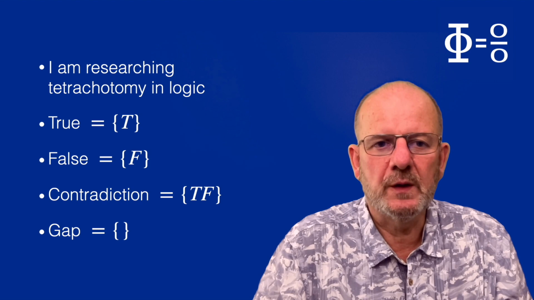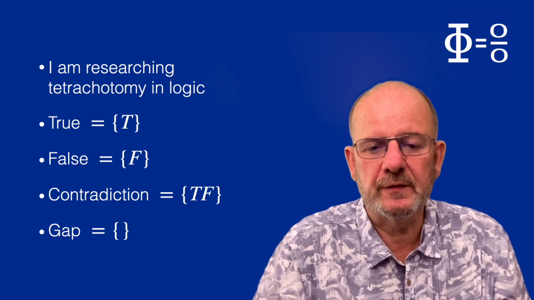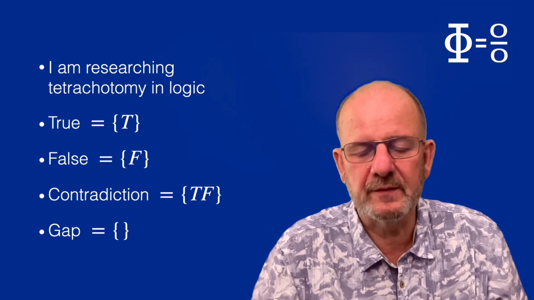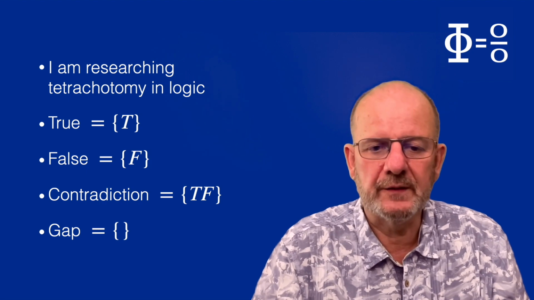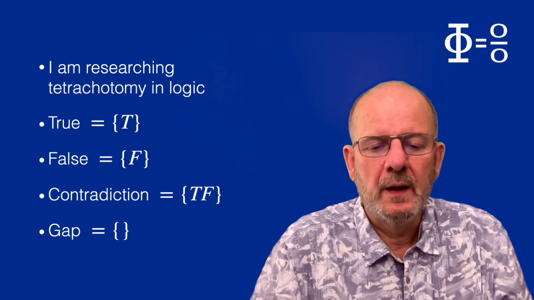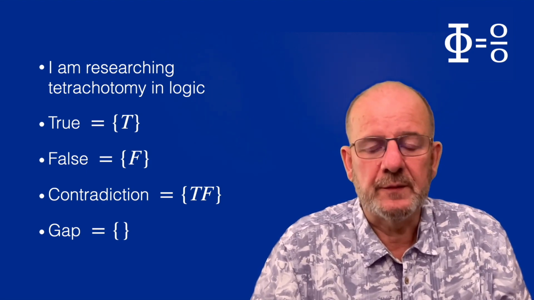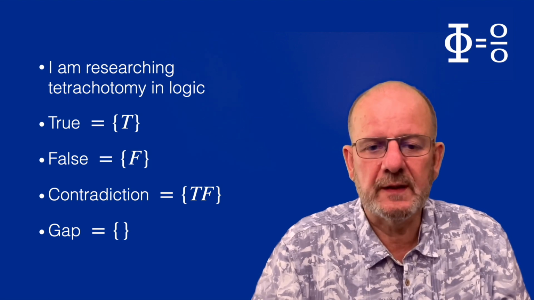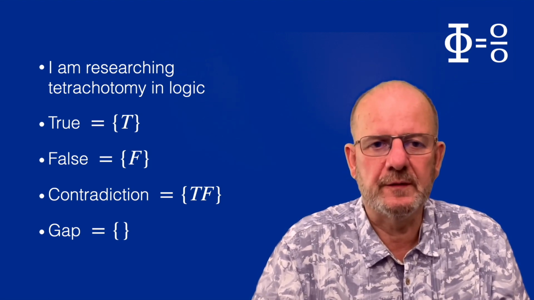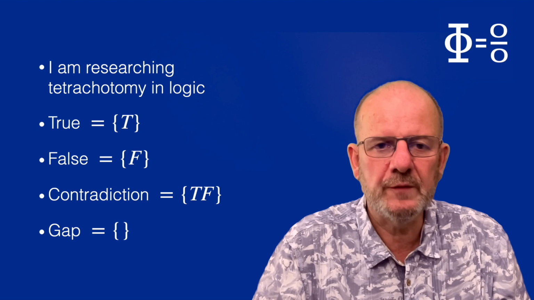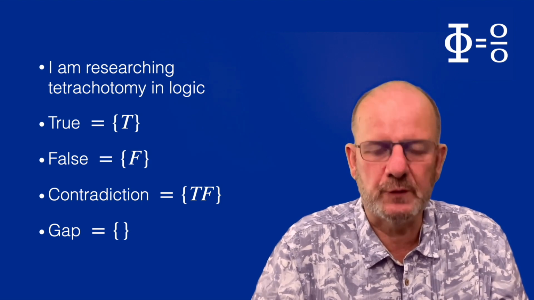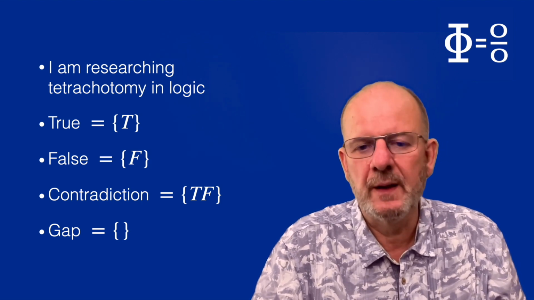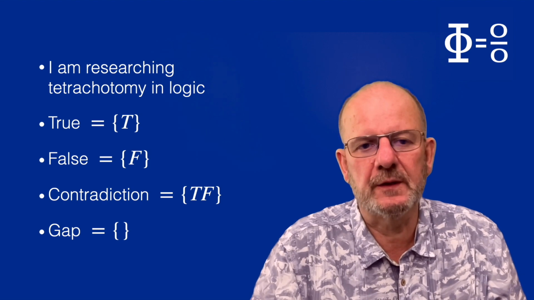But even if you work with just true, just false and contradiction, you're still guaranteed to fail. You'll fail on gaps. Gaps are dealt with in mathematics, sometimes explicitly, sometimes as non-existence. So all of these four values, just true, just false, contradiction and gap, are dealt with in mathematical logic.